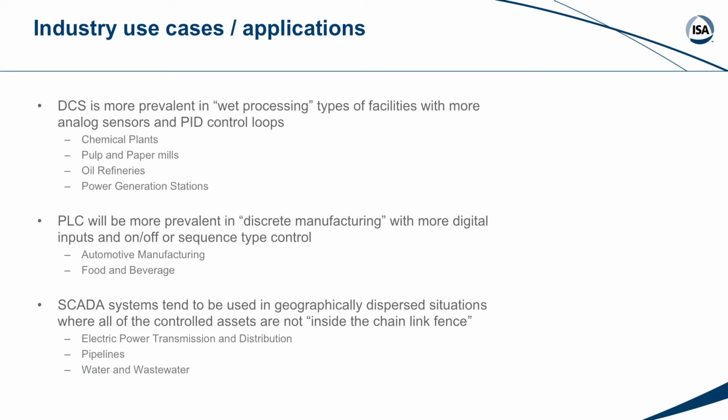A little bit of review. I talked about the distributed control system being more of a wet processing, analog environment. There can be some very complex mathematical control schemes here. Distributed control systems can have multivariable controls, fuzzy logic, model predictive controls. There's a ton of advanced math that goes on in some of these DCS applications for optimization.